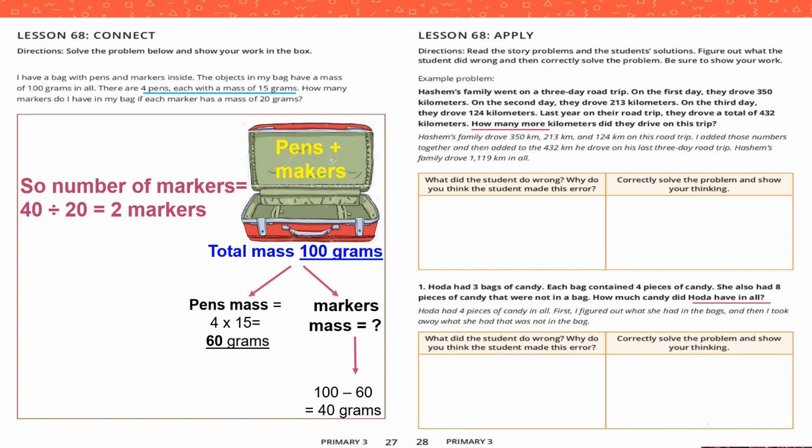If I don't know how to divide it, I can ask myself, 20 times what will give me 40? 40 contains how many 20s? 2 20s. So we have 2 markers. Or in division, I can cross this 0 and this 0. So 4 divided by 2 equals 2.